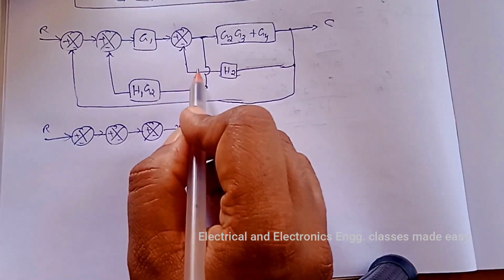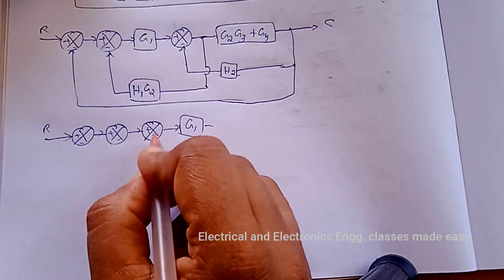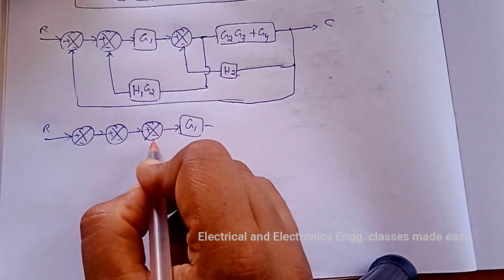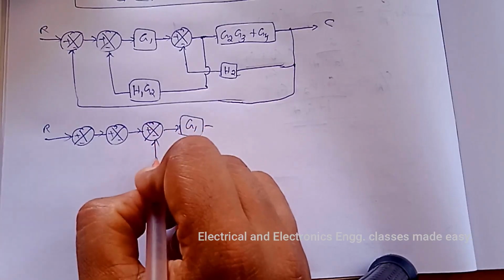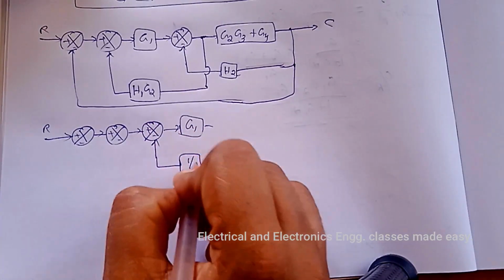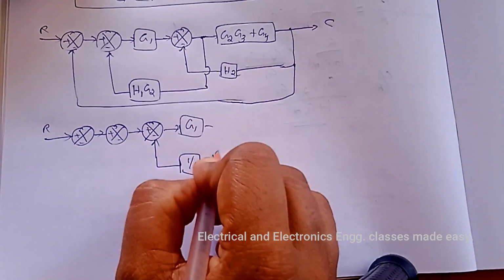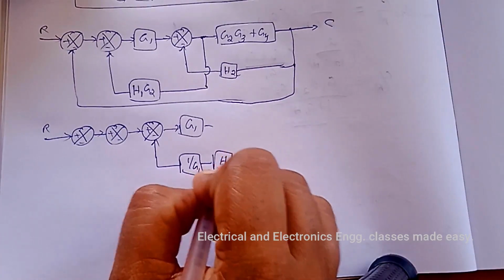Now we have to add the reciprocal of G1 here, it is this one, 1 by G1, then H2 is there.